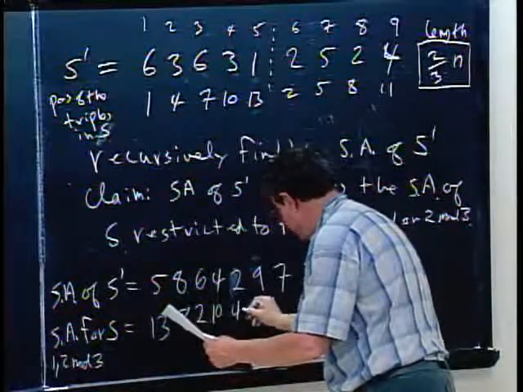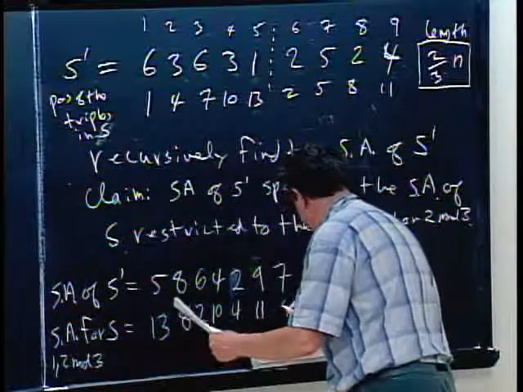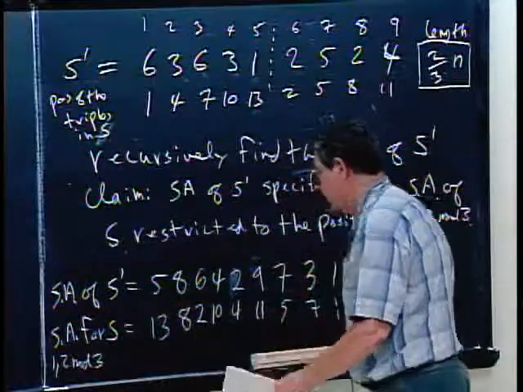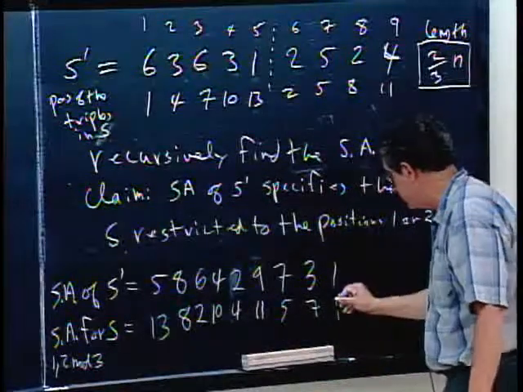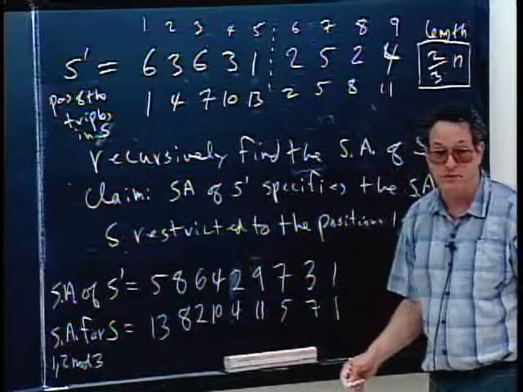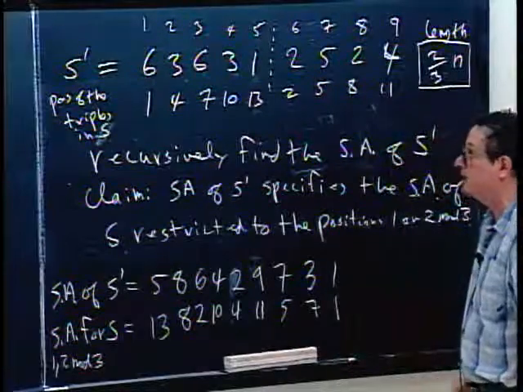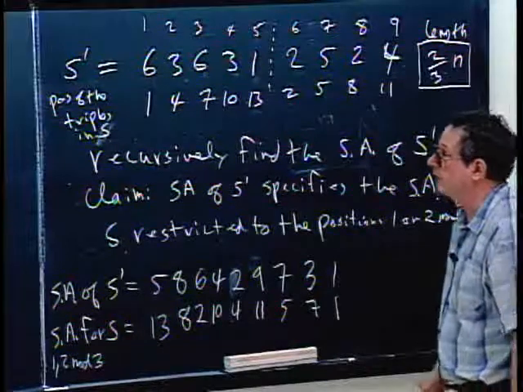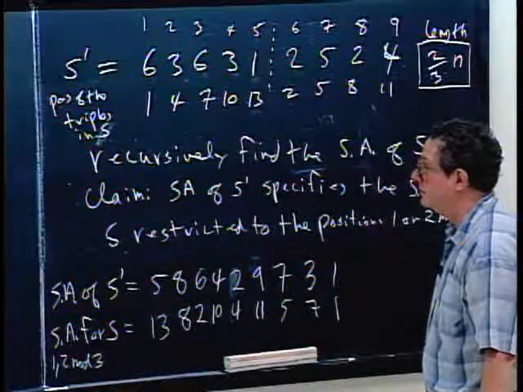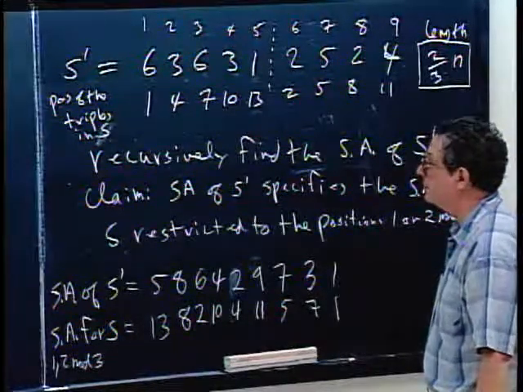Then I have a 4, 11, 5, 7, 1. So I claim that this is the suffix array of S restricted to positions 1 or 2 mod 3.